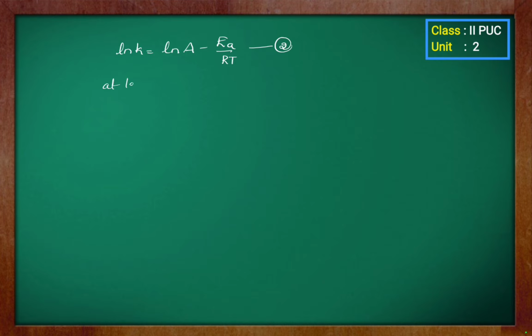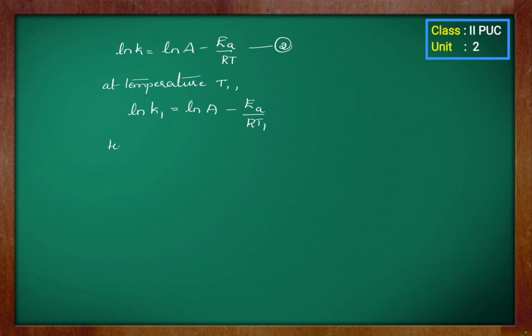At temperature T1, I can write this equation 2 as ln k1, where k1 is rate constant at temperature T1, which is equal to ln A minus Ea divided by R T1.